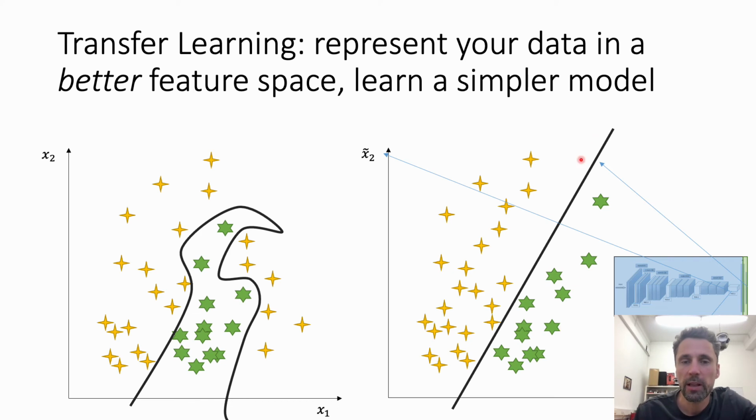So the classifier for which you now have to optimize the parameters doesn't have to be as complex and adaptive and powerful as the one here. In the simplest case, it just needs to be a linear classifier.